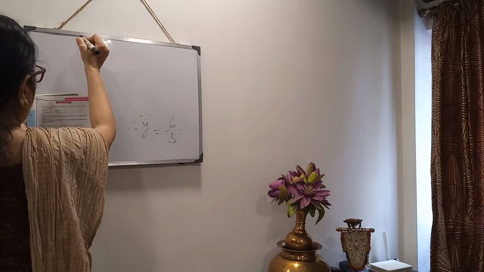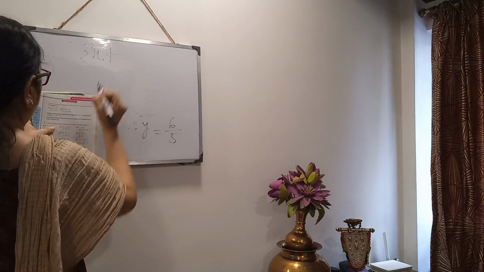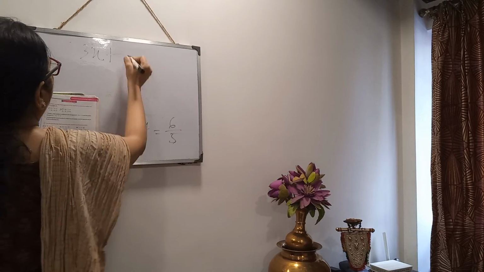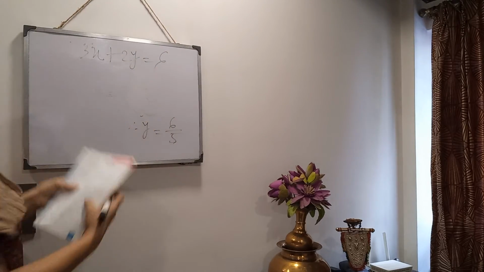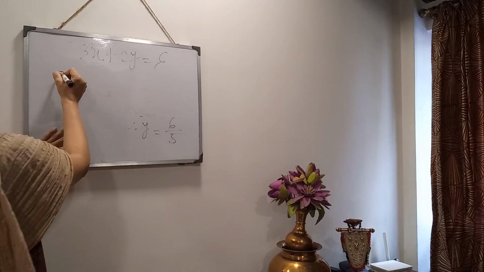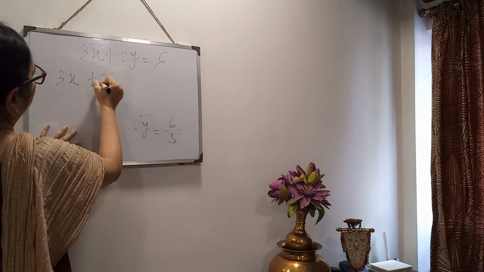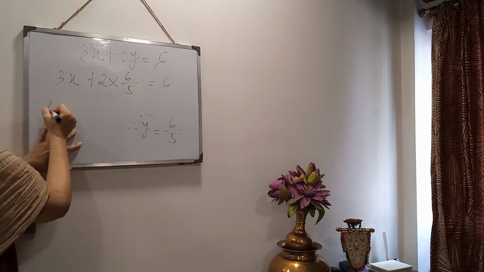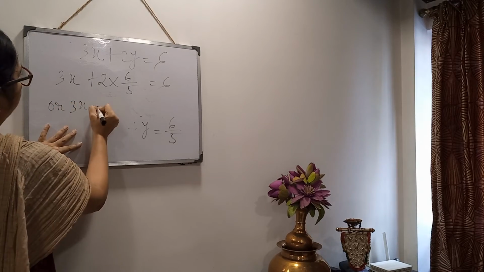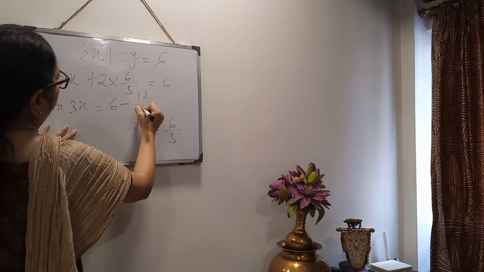First equation is coming 3x plus 2y equals 6. So my y is 6 by 5. 3x plus 2 into 6 by 5 equals 6, or 3x equals 6 minus 12 by 5.